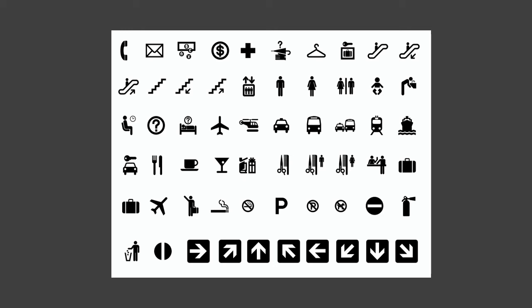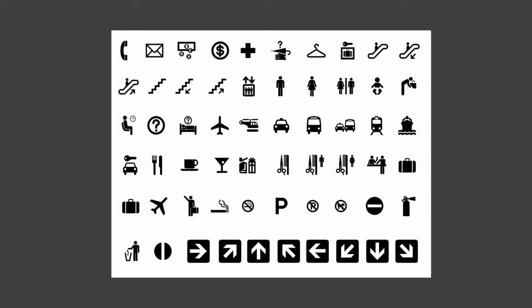So this system of 50 symbol signs was designed for use at the crossroads of modern life. This is a quote: in airports and other transportation hubs and at large international events.